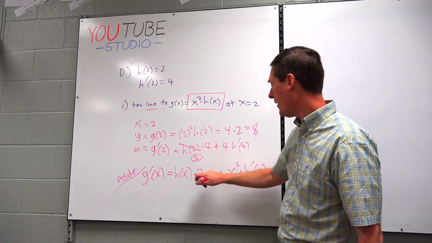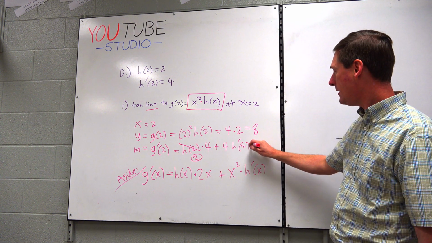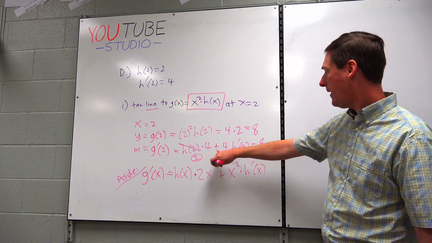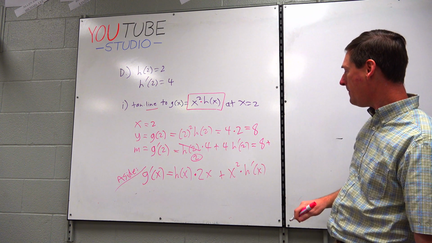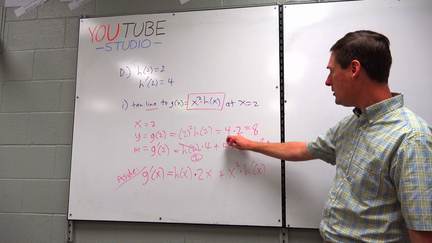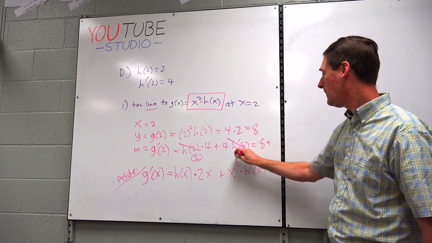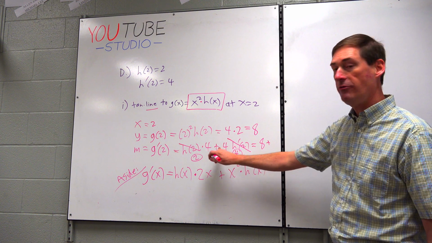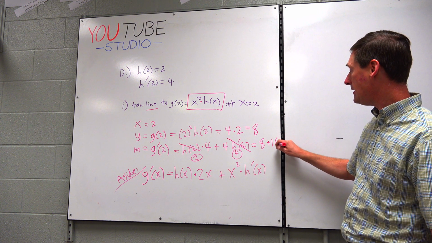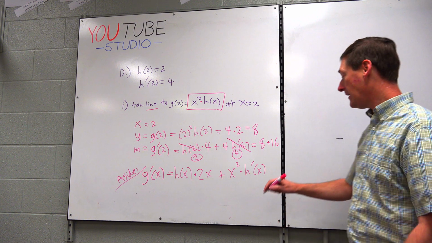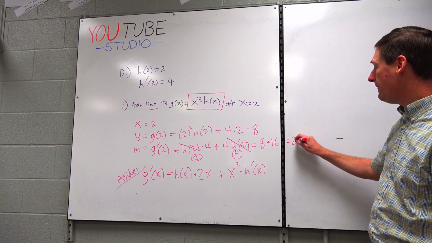Let's put a 2 right there. 2 times 4 is 8. Plus, carries over to there. 4 times h prime of 2 can be replaced by 4. And 4 times 4 is 16. And 8 plus 16 is 24.